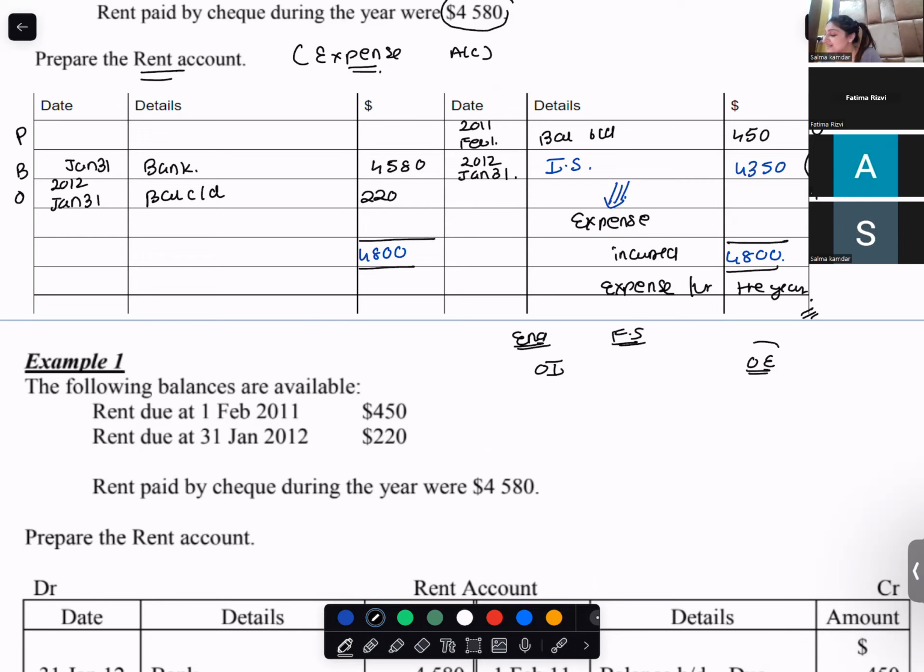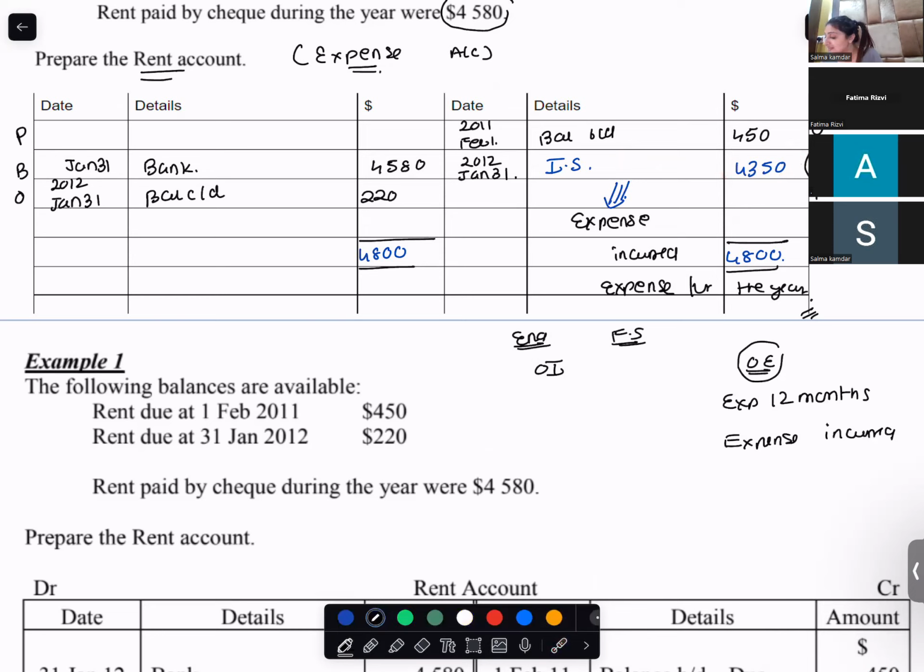My actual expenditure for the year is the expense of only 12 months, which is called the expense incurred. So you always incur expense, and that expense for the year is transferred to the income statement.